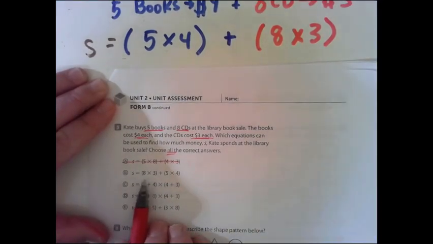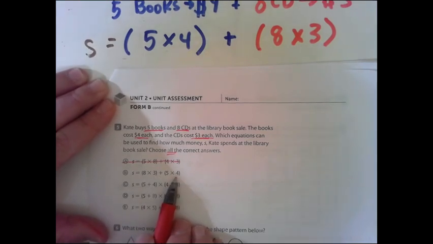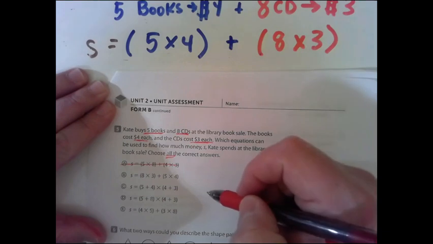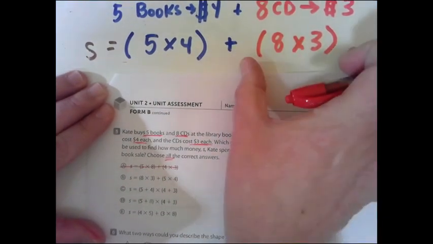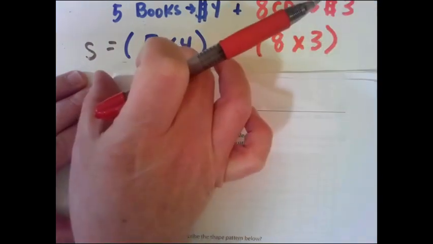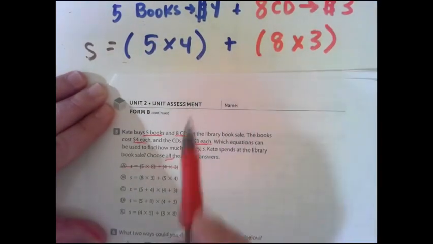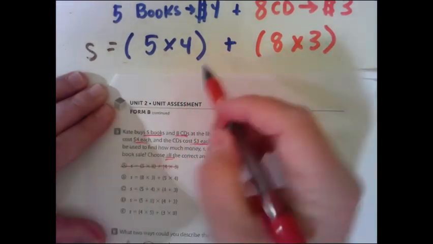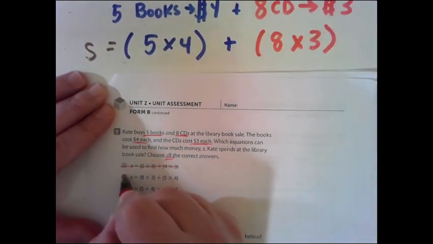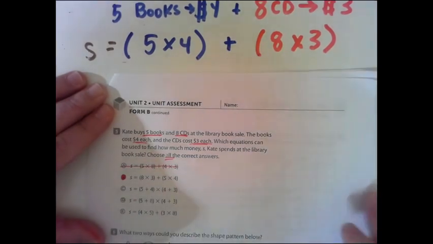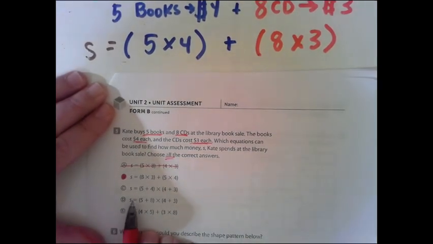Letter B. S equals 8 times 3 plus 5 times 4. Well, that looks a lot like what we came up with. They just took the 8 times 3 and put it over here, and the 5 times 4 and put it over here. So yeah, that would work, because when we're adding, we can switch up our numbers. So B is correct.